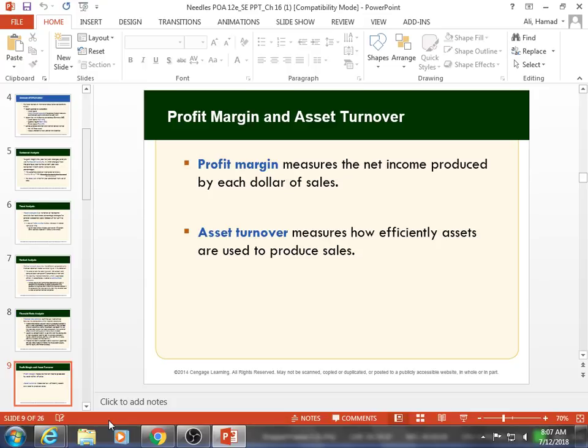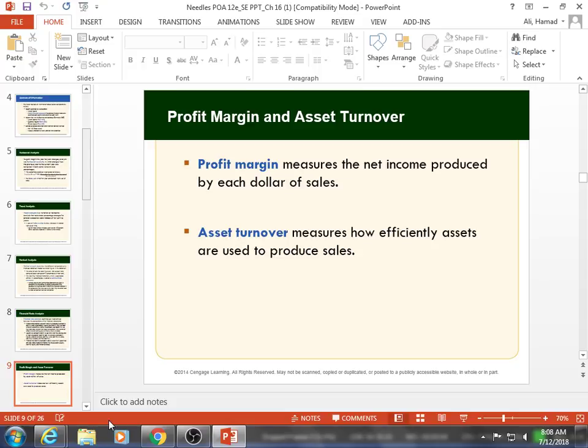You buy the merchandise, you mark it up, you put it on the shelf, you sell it. That's one cycle. Then you do that again and again. The more of those cycles there are, the more efficient your inventory management is.